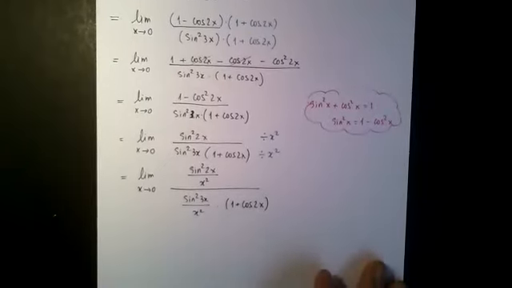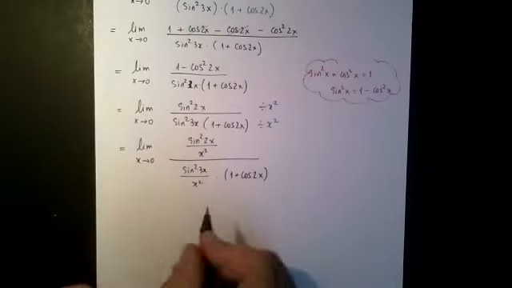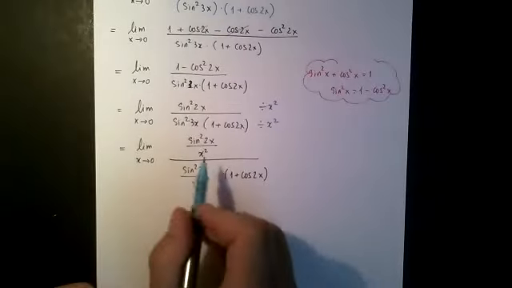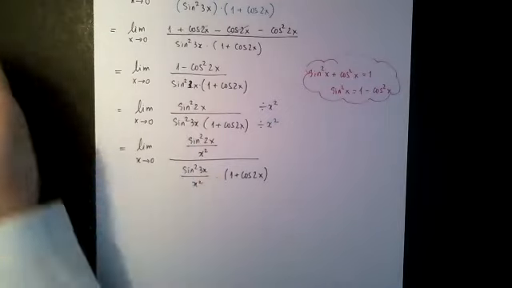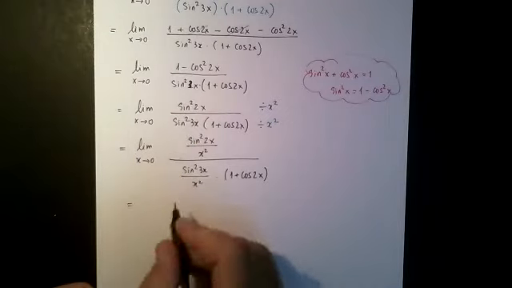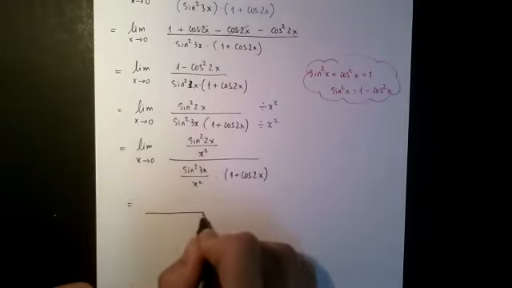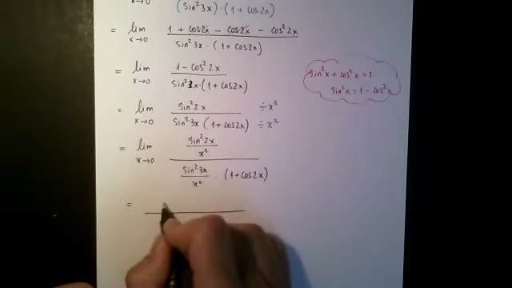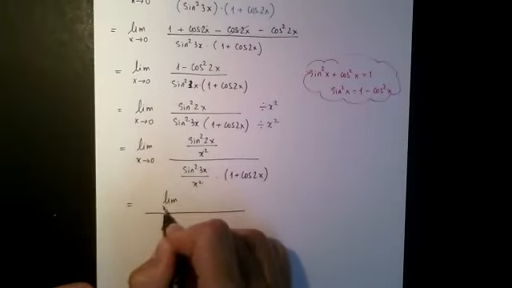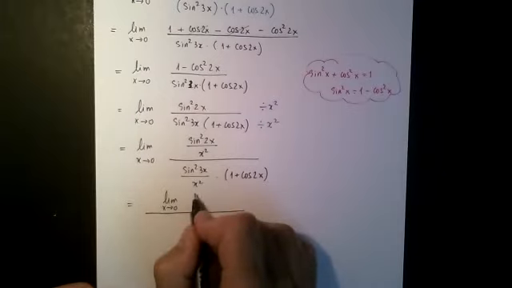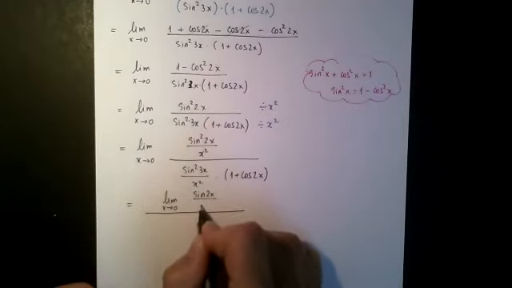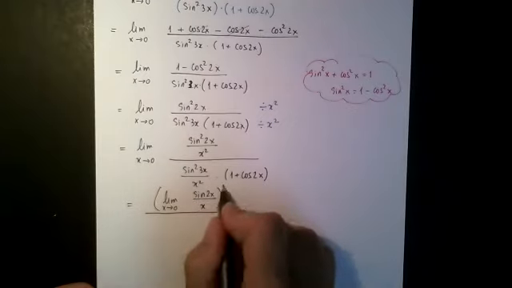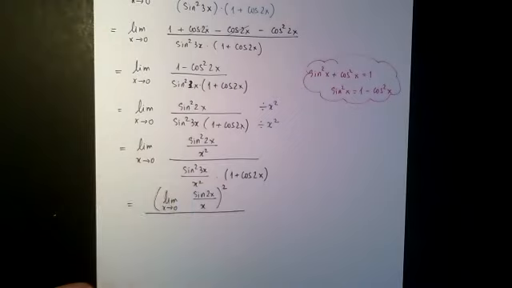I'm going to put the power of 2 outside. So on top I have the limit as x approaches 0 of sine 2x over x, all to the power 2. I did not change anything.